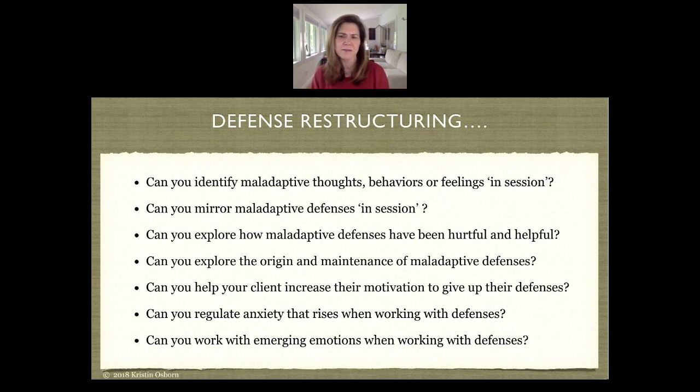And compassion doesn't mean easy. Compassion means sometimes forceful, direct, strong, warm, contained. It really depends on who your client is and how you're going to work with their defenses. There are some people that if you're warm and fuzzy and soft, they'll just disrespect you and not really have any motivation to join you on this journey of working with their defenses.